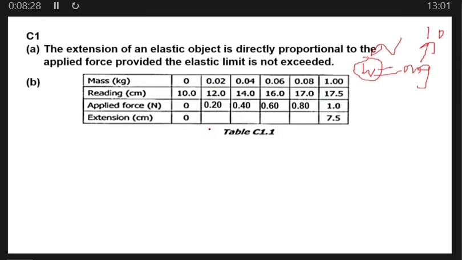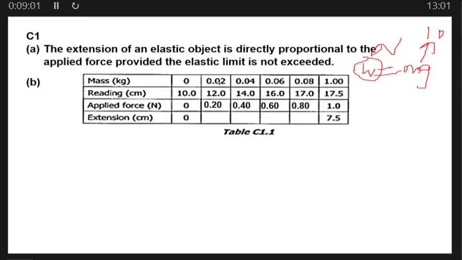All right, then how are we going to find extension? So extension here is how the spring is going to extend when these forces are applied to it. So we are told the reading of the meter rule, which was put alongside the spring, showed that when there was no mass hung, the reading was actually 10.0.